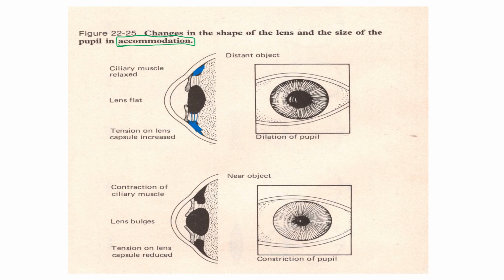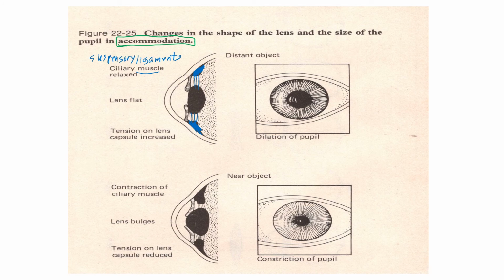I'm going to write this word on here again, because these two, the muscle and the ligaments, specifically suspensory ligaments, help to suspend the lens.